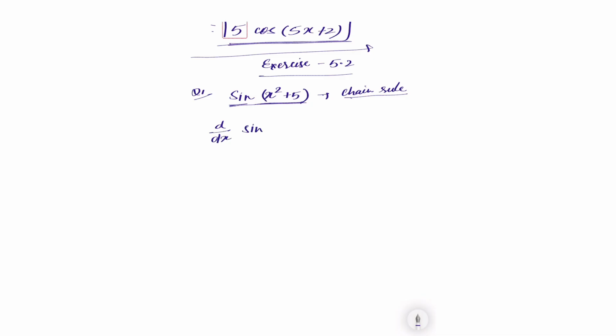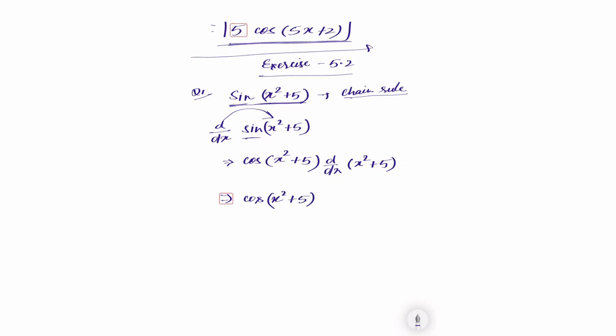d/dx of sin(x square plus 5). Sin will become, very good, cos. Cos of x square plus 5. Apply the differentiation in the second gate, d/dx of x square plus 5. Excellent. Now we will get cos(x square plus 5). From here, using the formula d/dx of x power n, what?